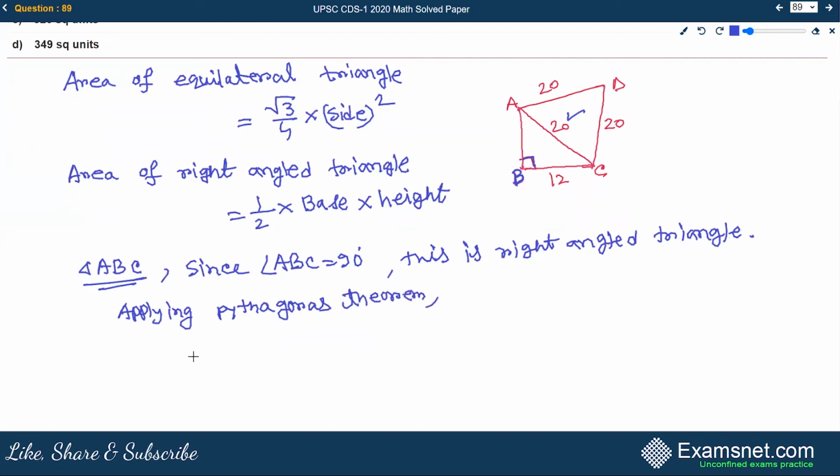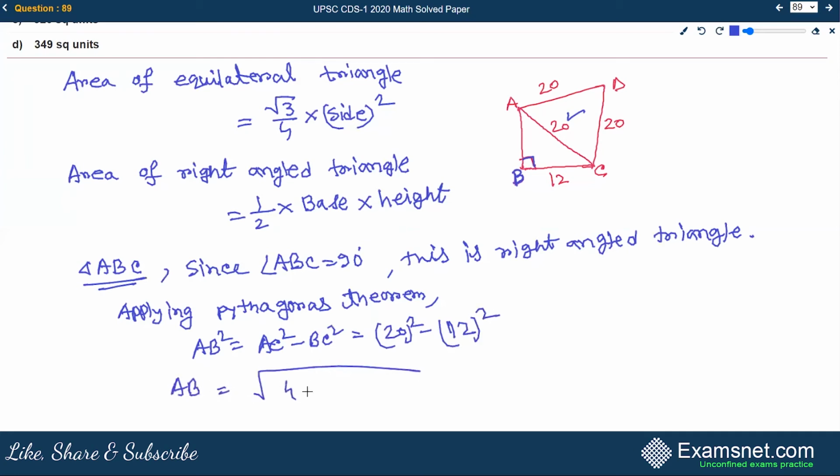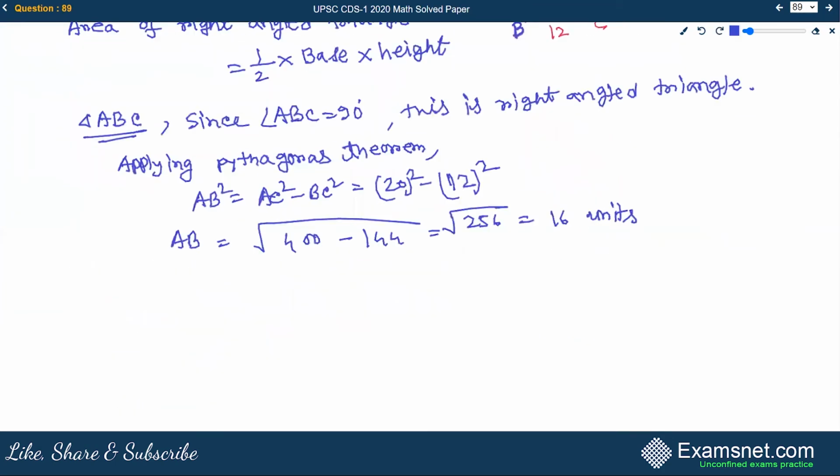we can write AB square equals AC square minus BC square, that is 20 squared minus 12 squared. Therefore, AB equals root under 400 minus 144. That would result in root under 256, so that means 16 units.